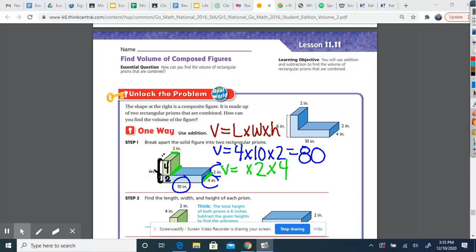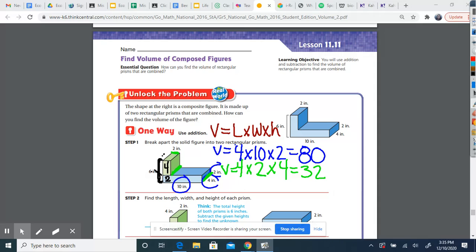So the length of the green one would also be 4. So now our volume equals 4 times 2 times 4. So 4 times 2 is 8, and then 8 times 4 would be 32.